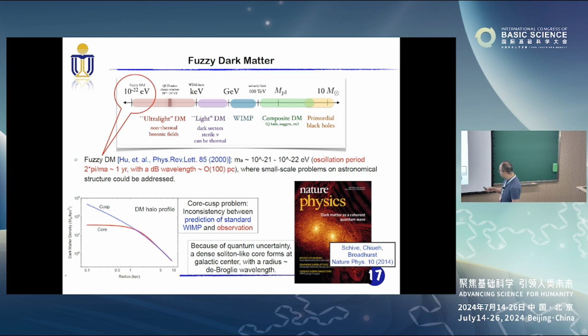And then in the framework of fuzzy dark matter, because of the existence of quantum uncertainty, a dense soliton-like core will form at the galactic center with its radius being about the de Broglie wavelength. In such a case, you can imagine the cuspy structure will disappear.